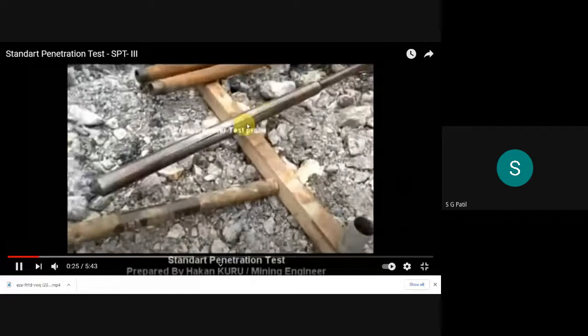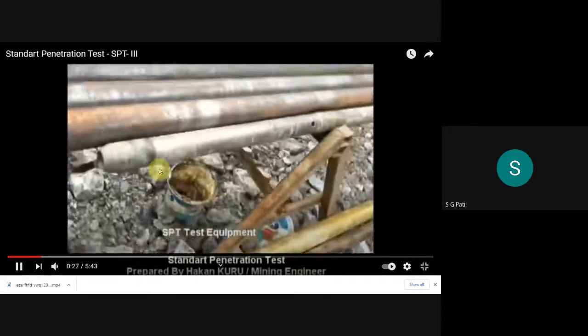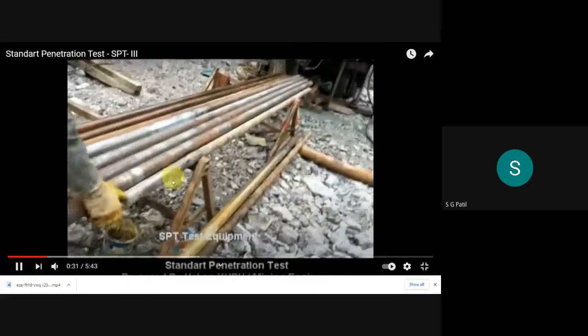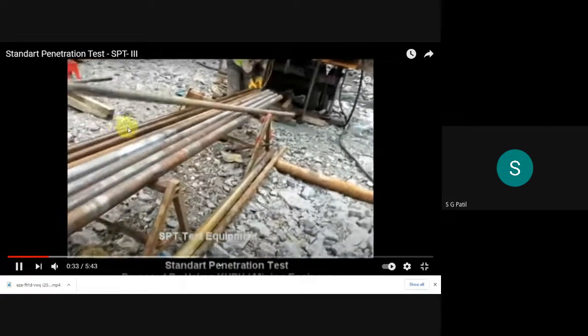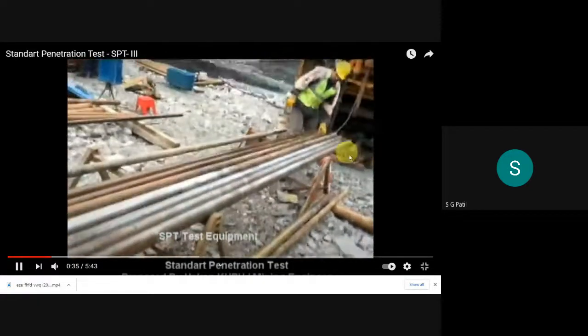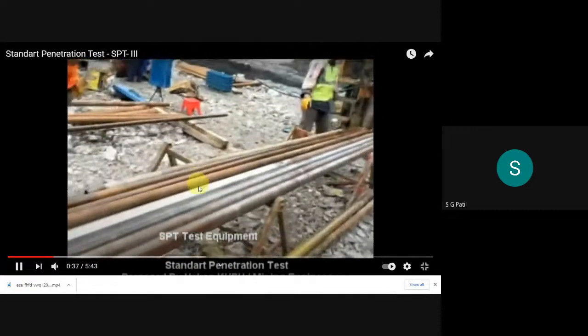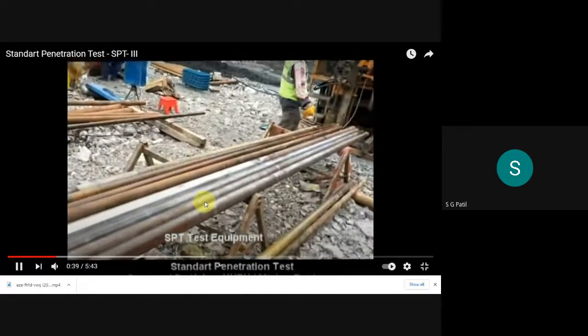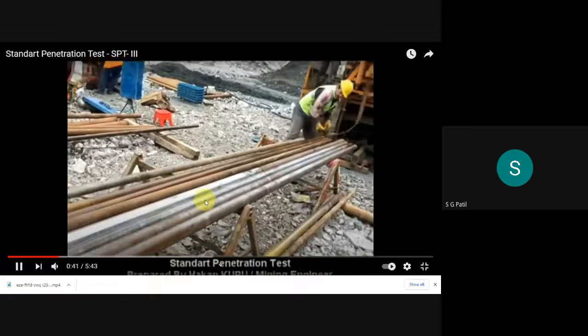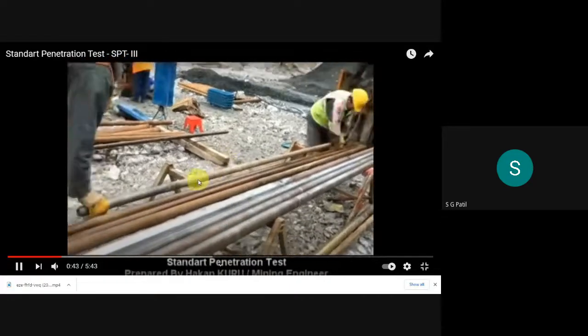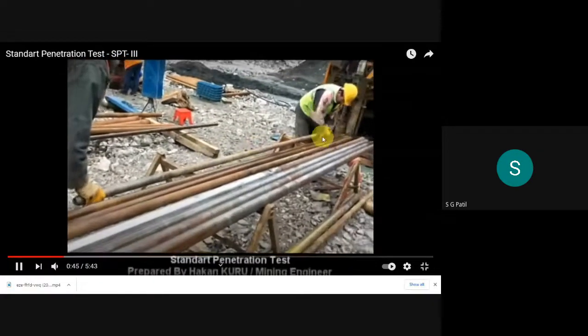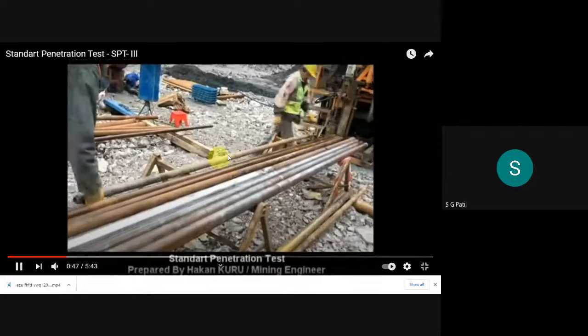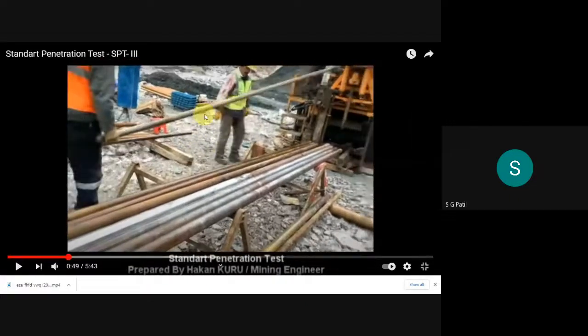So this is the pressure meter bulb, and this is your split spoon sampler. Can you see? Now they are taking that split spoon sampler and inserting it inside the borehole. See here, they are attaching the drill rod.